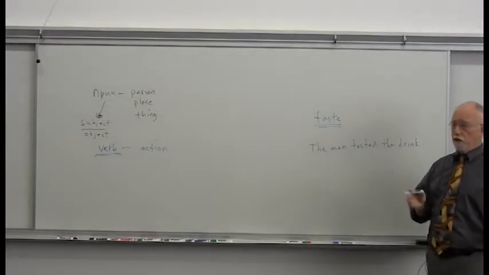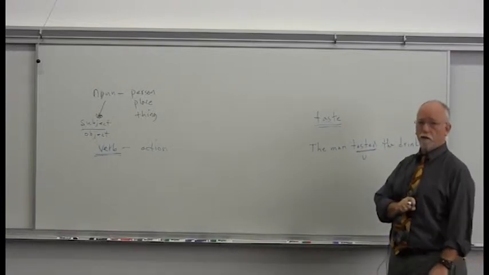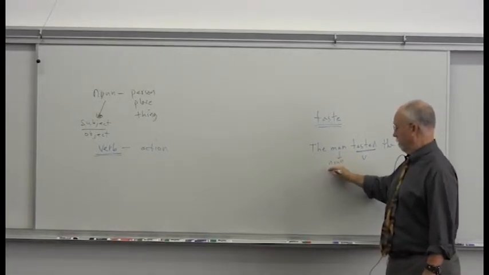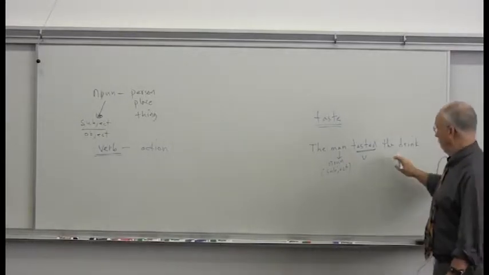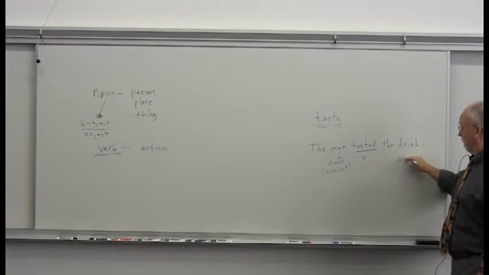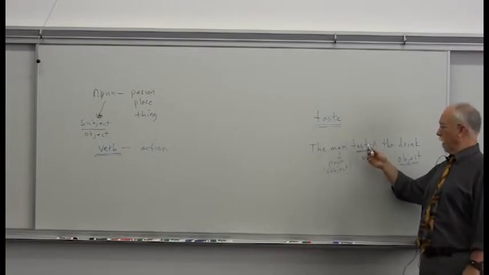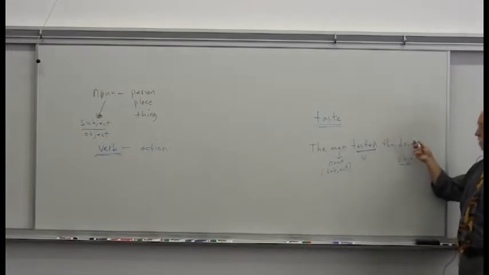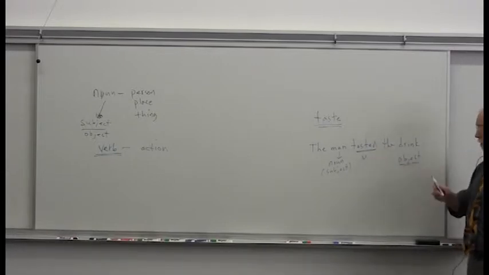Here we have our verb, because this is the action going on in the sentence. This is a noun, and it serves as the subject. And then here we have drink, which serves as the object. So the subject is doing the action, and the action is being done to the drink. We have the noun, the verb as the action going on, and then the object.